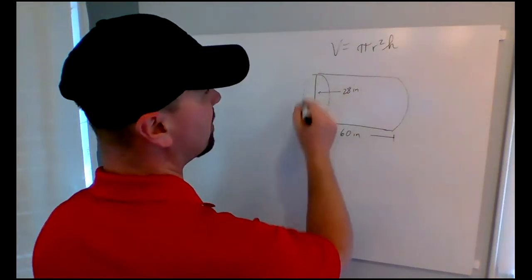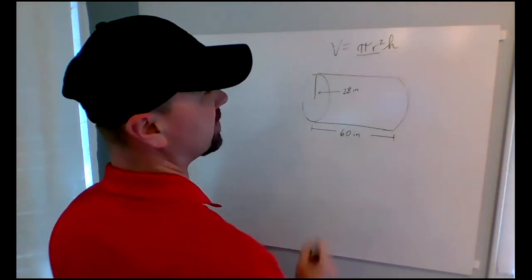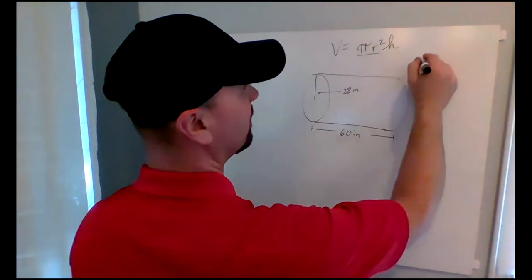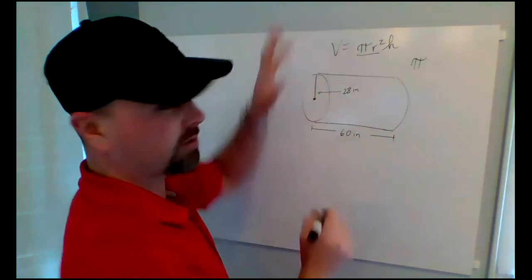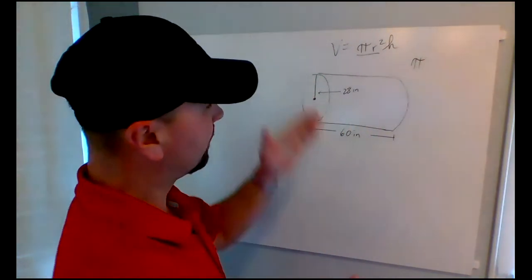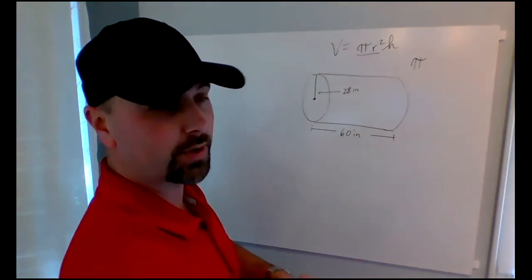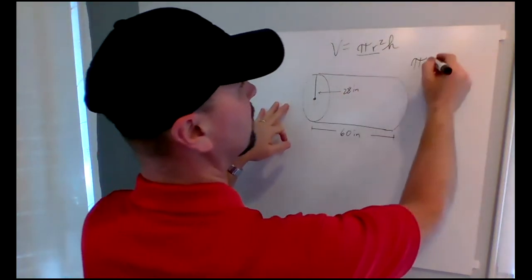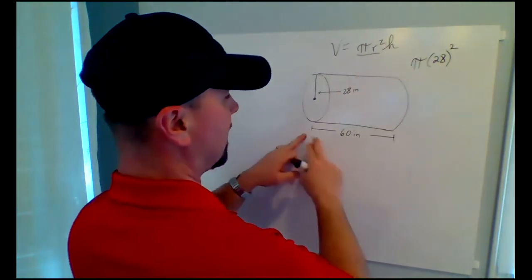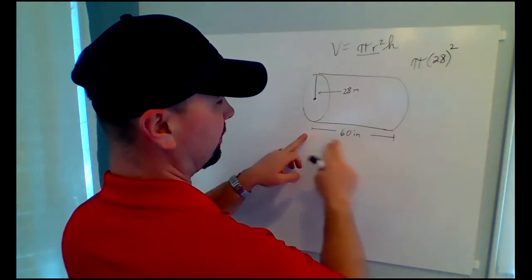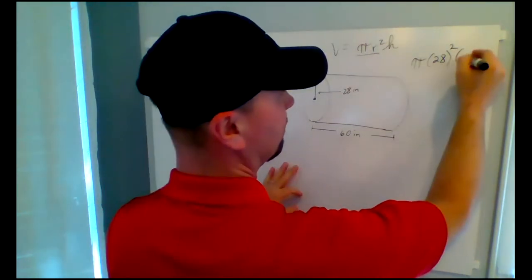So we're going to start with the circle, which is the pi r squared. Pi 28, what you may notice in this one is it's only showing half the circle, from the center to the edge, which is what the radius is. So we're going to use 28 squared times the height. Again, here is the height, 60.